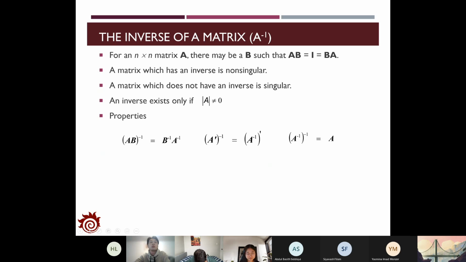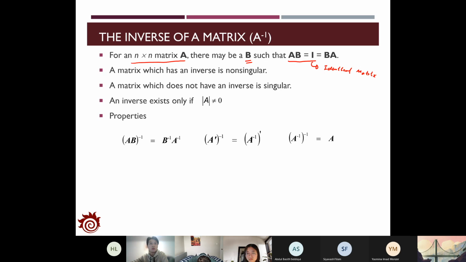The definition is very similar to the inverse of a scalar number, but it only applies to square matrices. For a matrix A with a dimension of n by n, if you find a matrix B such that A times B is I, or B times A is I, the identity matrix, then we say that B is the inverse of A, or that A is the inverse of B. So that's the definition.